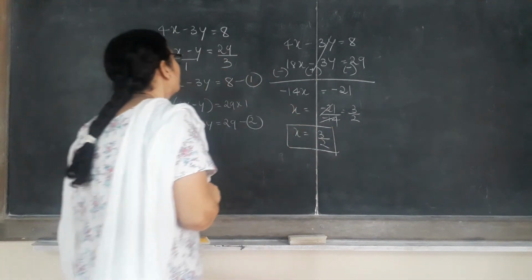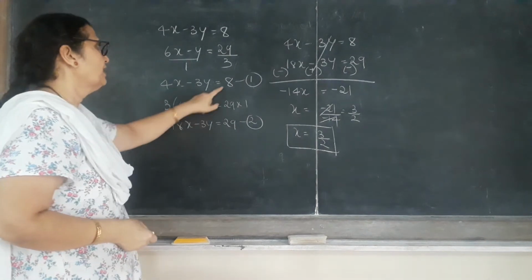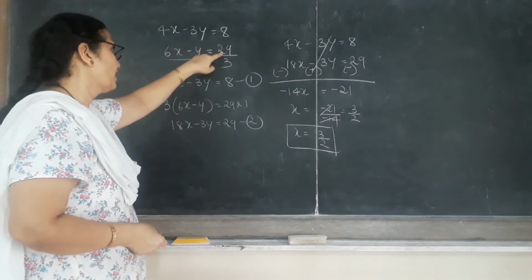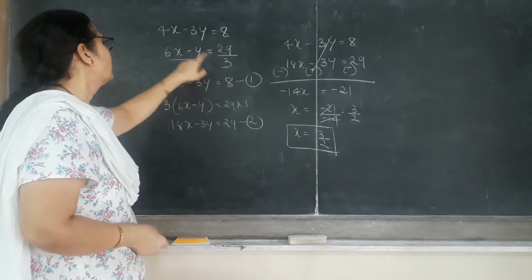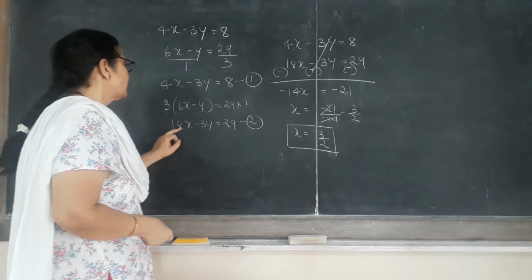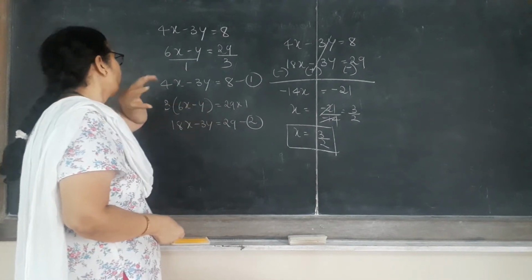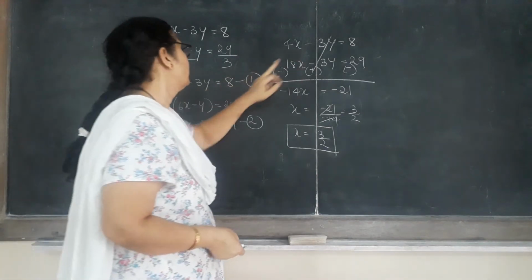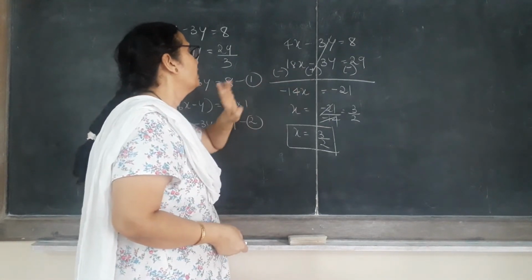Any doubt, any confusion? See here, this is in fraction form. Cross multiplication: 29 into 1 is equal to 3 into (6x minus y). Multiply 3 sixes is 18x minus 3y is 29. Take the first equation 4x minus 3y is 8, second equation 18x minus 3y is 29.